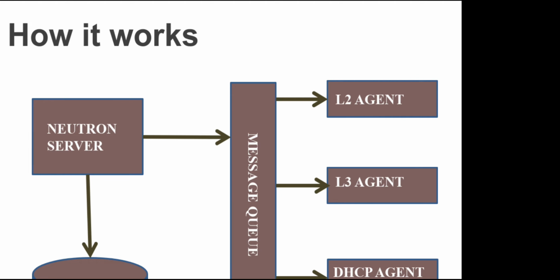The L2 agent's main function is to wire new devices. It also helps in connecting new servers and devices. As we are using networks, there may be a situation where we need to attach devices. That is nothing but connectivity. This connectivity, the wiring up of devices, is done by the L2 agent.